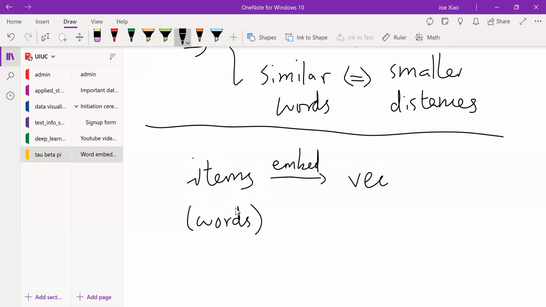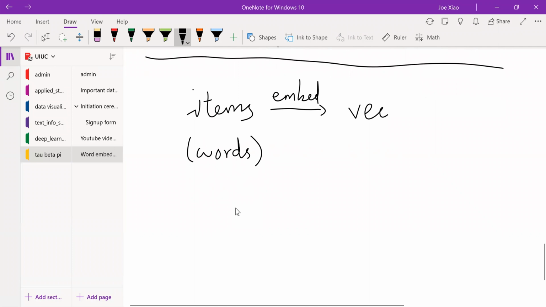We can abstract items like we do words, and your whole collection of all the items that you sell is like the vocabulary of all the words.